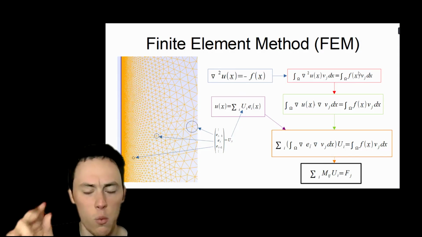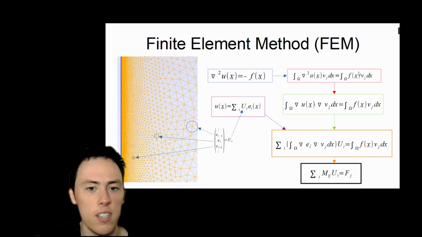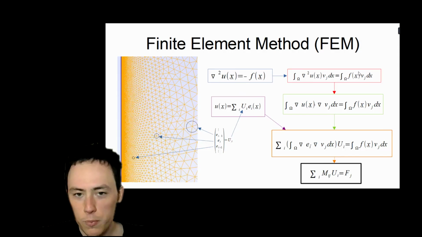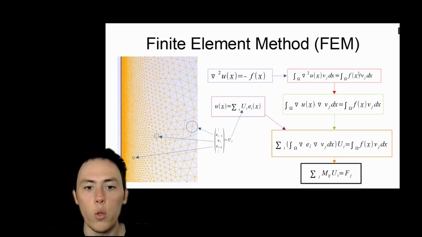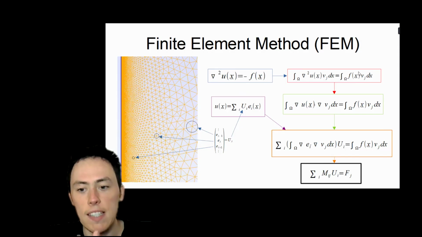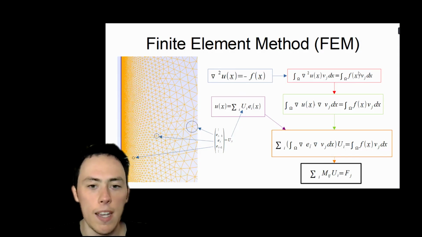These will be functions that are one at the vertex, zero at every other vertex, and there'll be some function between those two values. And by using that, we can take all of the mesh information and contain it inside the matrix definition, so there's capital M. And so now our problem is just matrix multiplication.